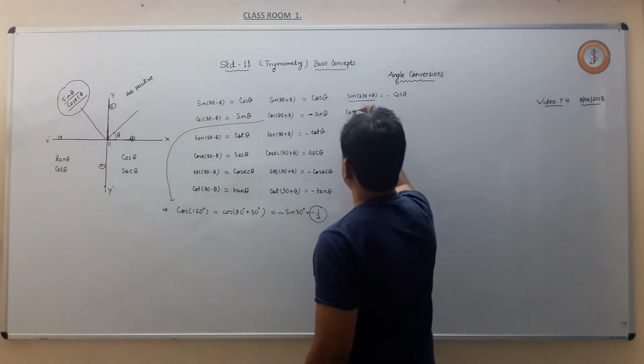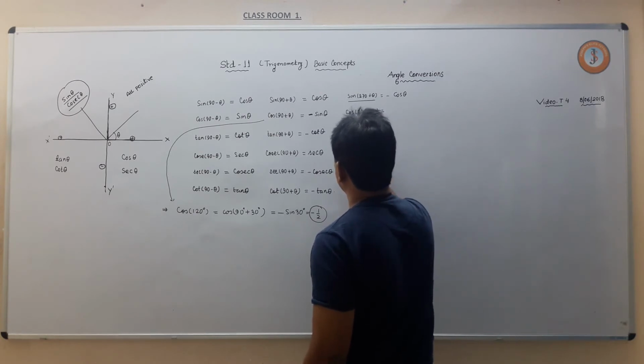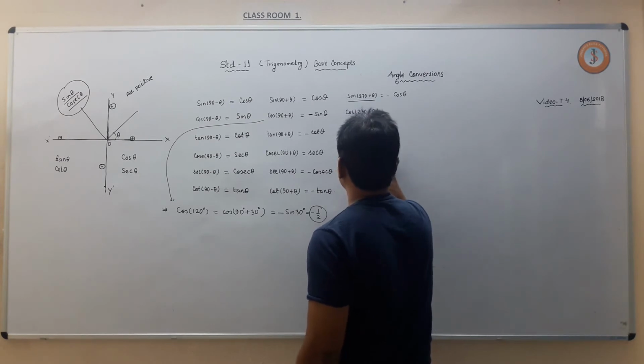we can do cos 270 plus theta, tan 270 plus theta, cosec 270 plus theta, sec 270 plus theta, cot 270 plus theta.